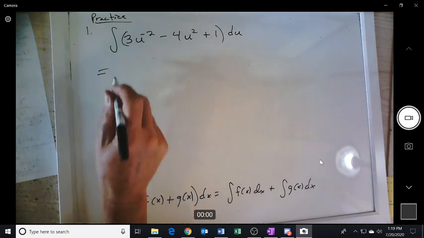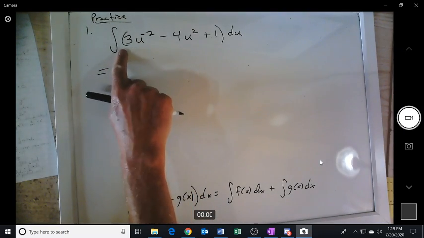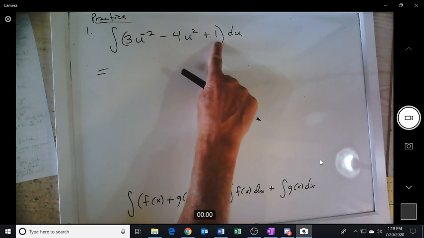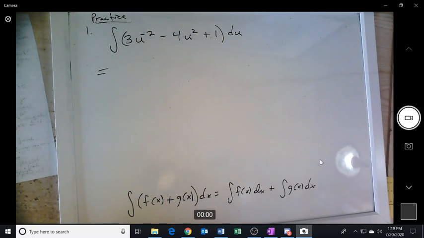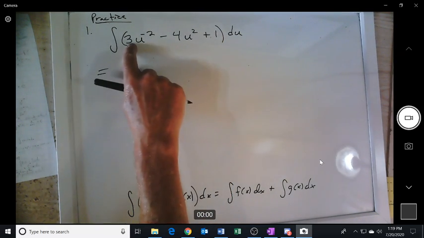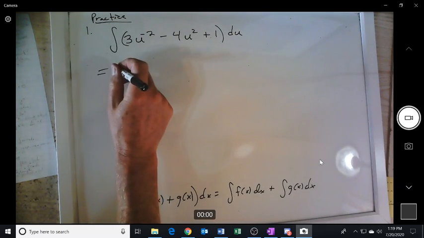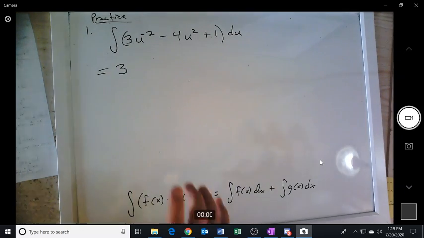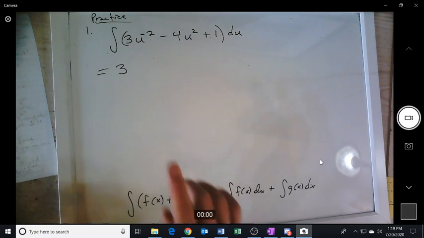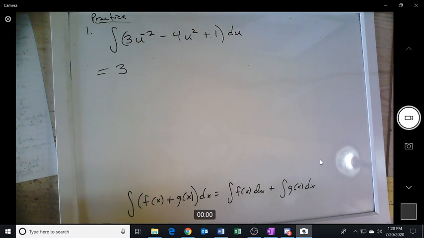Alright, so I'm going to distribute the integral and make it 3 separate integrals, but I don't have to write it out like that. And then I'm going to pull out the constant out in front. And then this is just the integral of u to the negative 2 du. And then what do I do according to the power rule for integration?